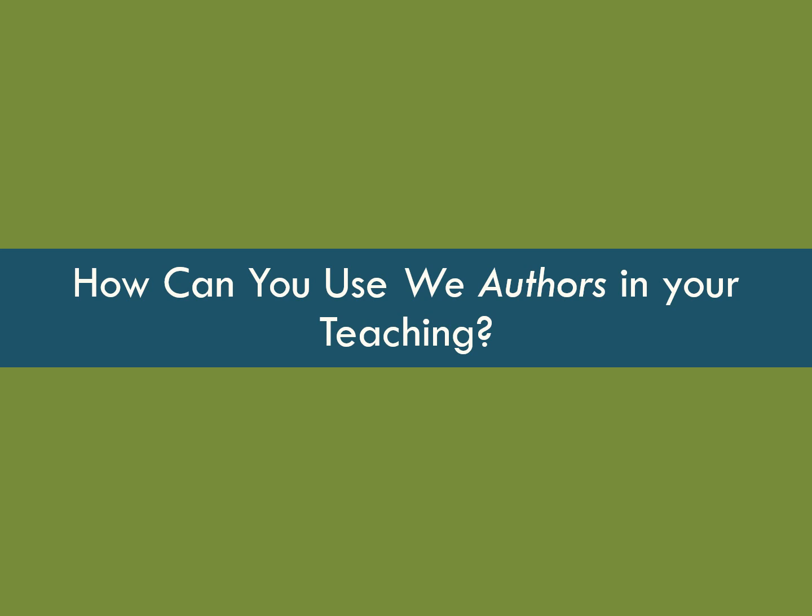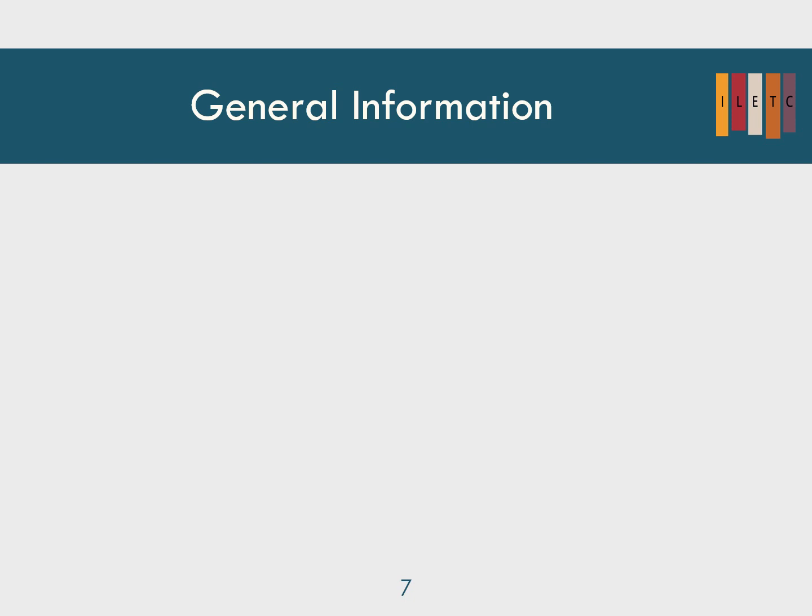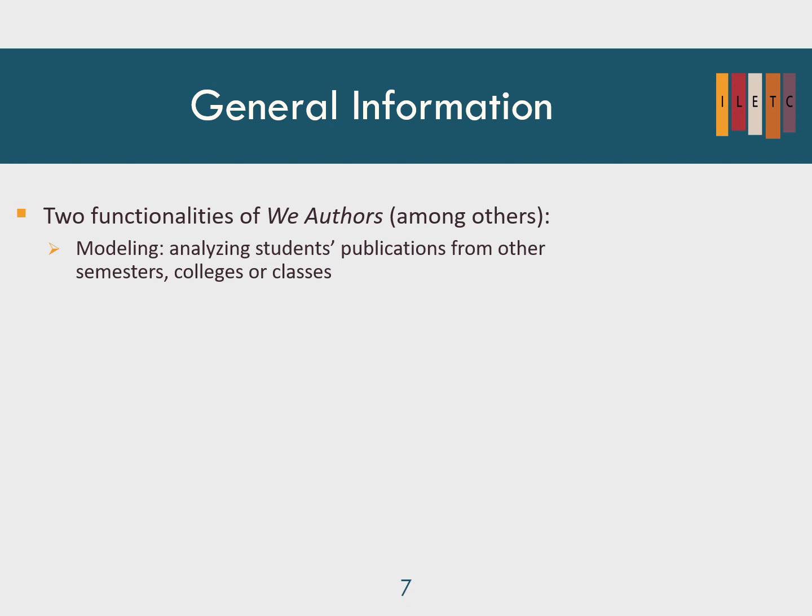Here are some of the ways you can use WeAuthors in your teaching. The site has at least 2 instructional functionalities. Texts already published on the site can be shown to students to model specific writing elements, and of course, it can be used to publish student work.